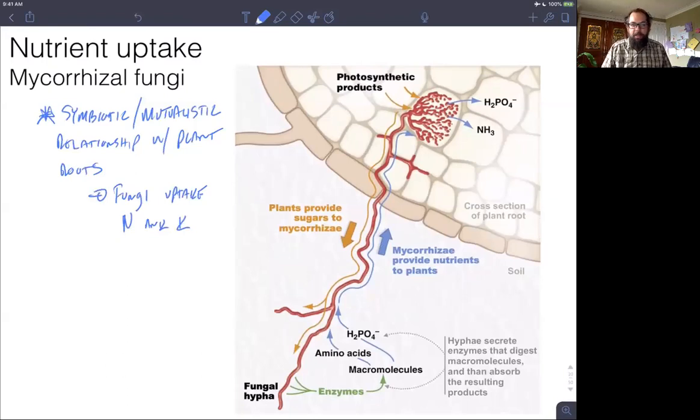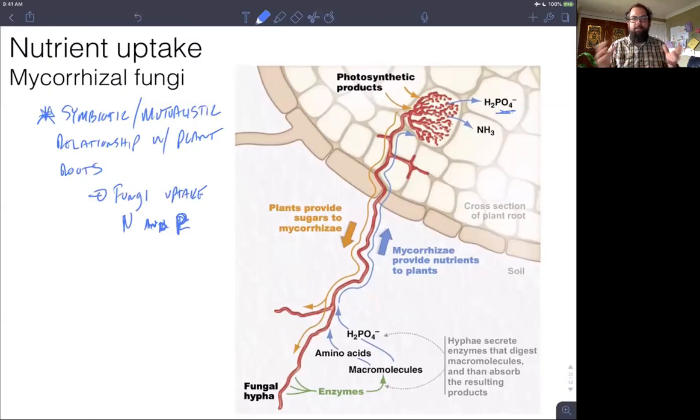These are two essential nutrients that are necessary for normal plant growth and development. But they're also extremely diffuse in the environment, in the soil. Sorry, I said potassium, I meant phosphates.